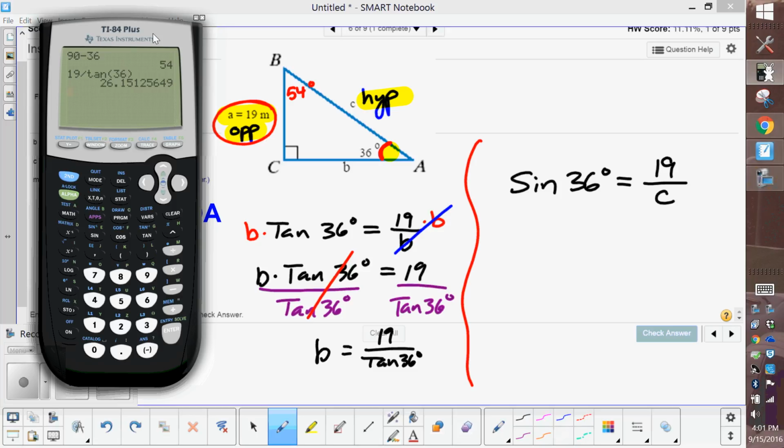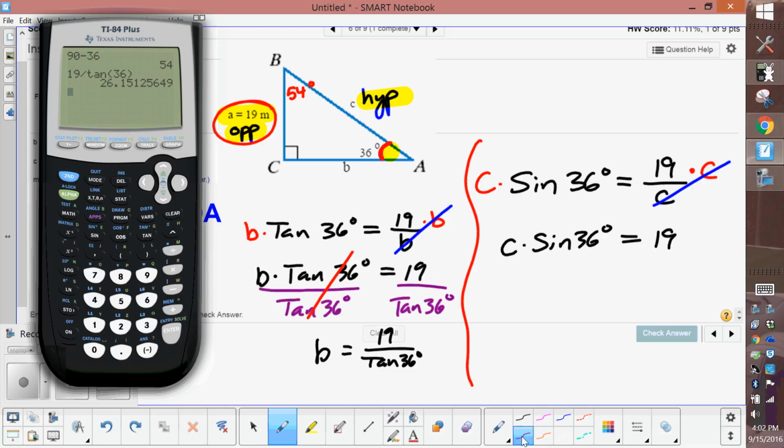So mathematically, I'm going to do the same thing I did last time. I need to get c out of the denominator. I do that by multiplying by c. This will go away. I now have c times the sine of 36 degrees equals 19. And I will now divide by the sine of 36 degrees.